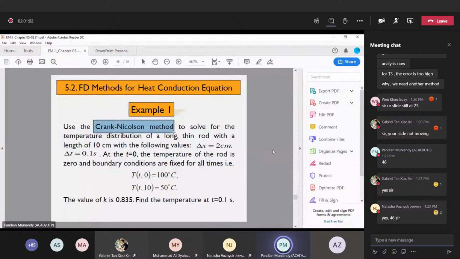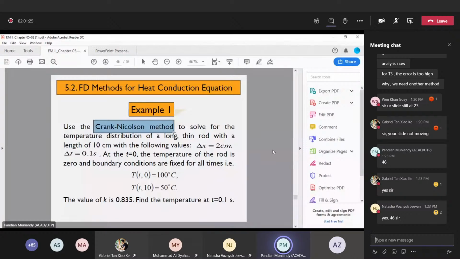Very simple. So the del X is 2 cm. But the del T is 0.1, because you are going to calculate the lambda, they need the del T. At T equals 0, the temperature of the rod is 0. This is capital T, 0, when the time is 0. This is what we call initial condition.